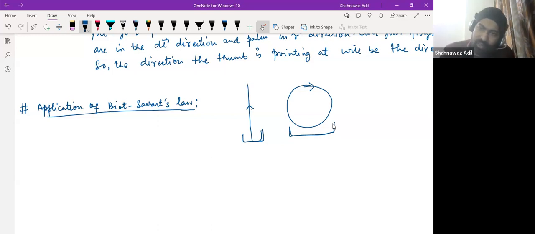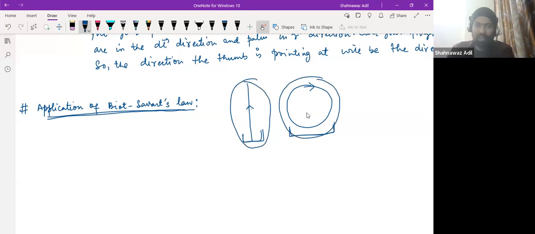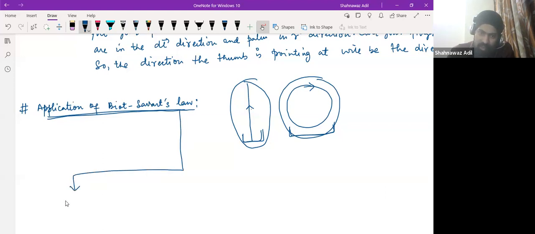So Biot-Savart law is very helpful in calculating the magnetic field of straight wires and circular wires. There are mainly two applications of Biot-Savart law: one is the straight wire, and the other one is the circular wire.